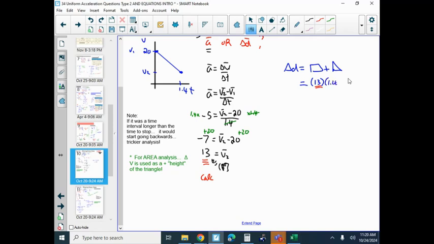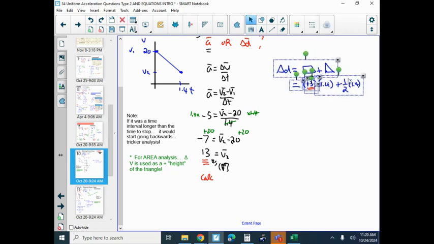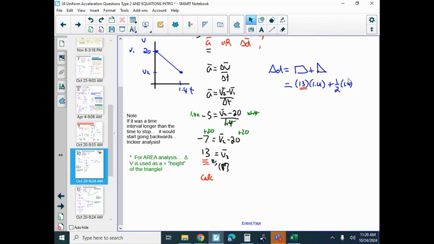Times the 1.4, and then plus the 1/2 of the base times the height of the triangle. Now, the height of the triangle, this is one of those ones where we have to not put it in as a negative. The delta V is -7, obviously here, right? If you look at it, it's gone down to 13, so delta V really equals -7 in reality.